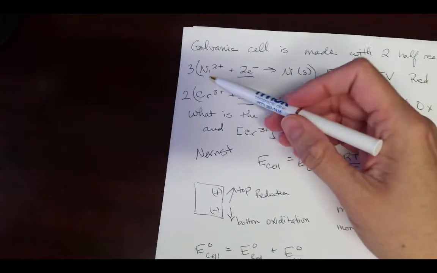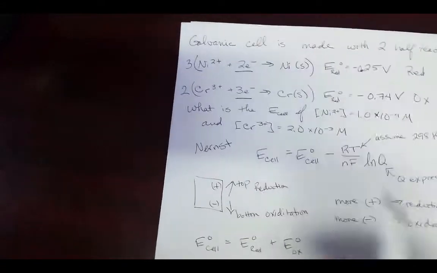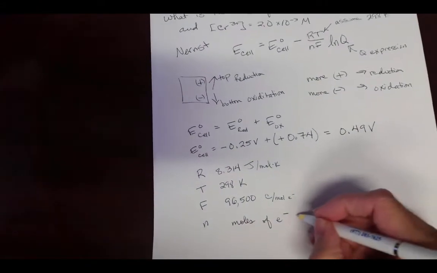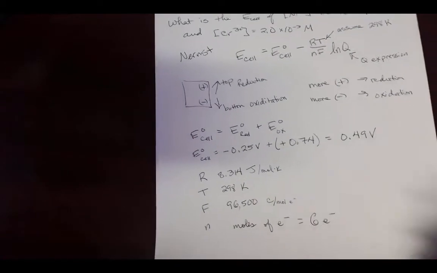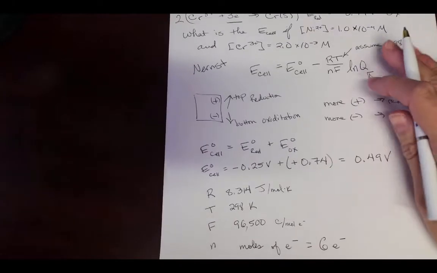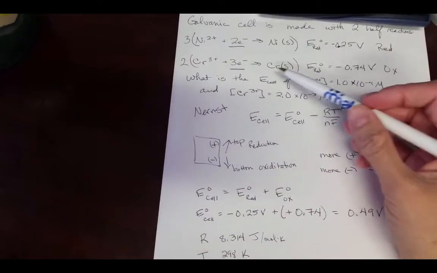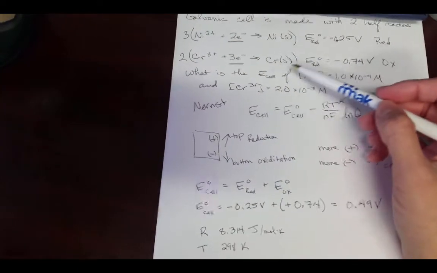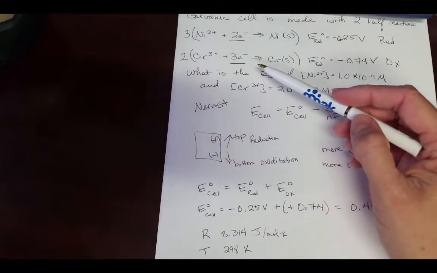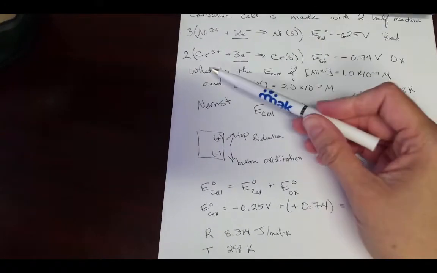So what I can see is that in order to get my N, what I should have is 6 electrons. So my moles of electrons is going to be 6 electrons. I'm glad that you spent time balancing redox reactions, because you don't necessarily have to do all of the balancing to figure out how many electrons you need, but you need to be familiar with the goal: to get my electrons to cancel.